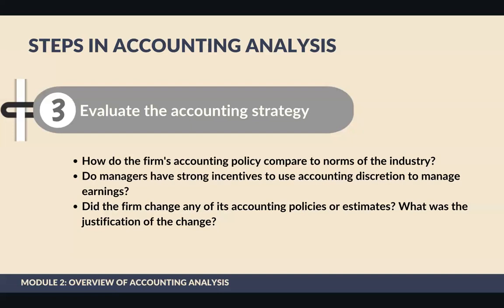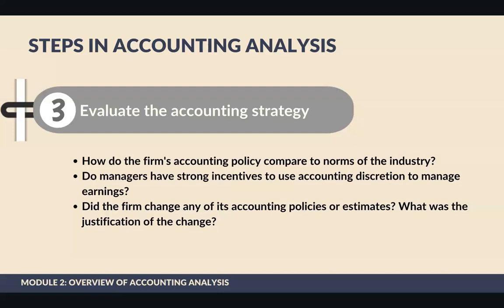Another example is that the managers of a firm are having difficulty in meeting accounting-based bonus targets. If the management is having difficulty in meeting these bonus targets, then it's highly likely that they won't be receiving the bonus.